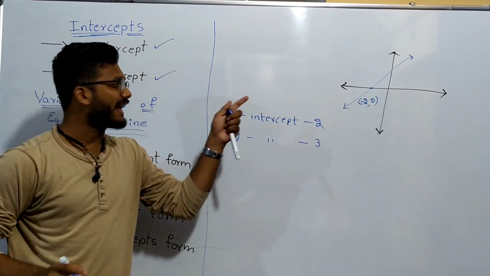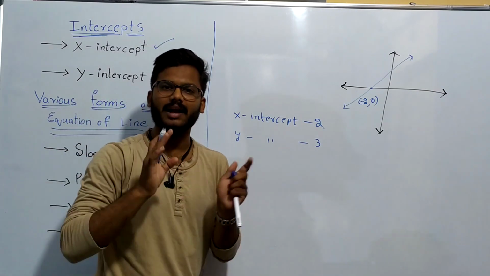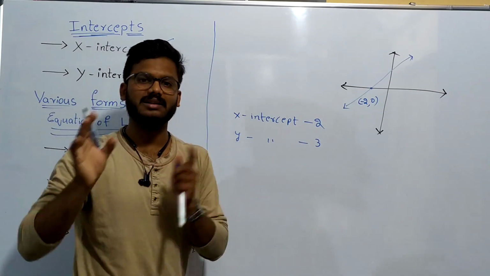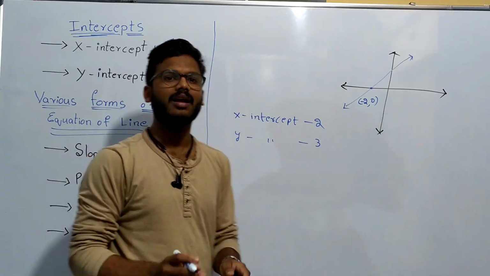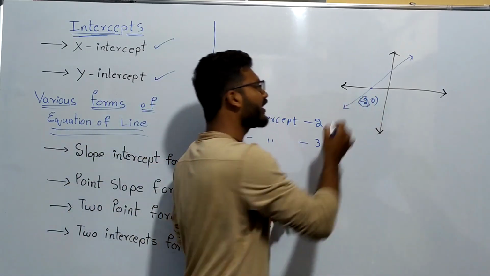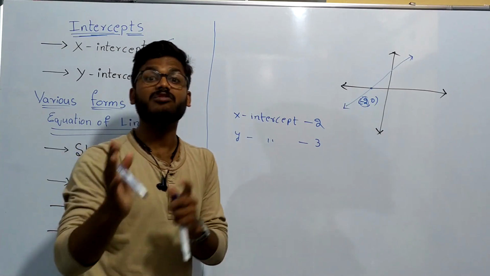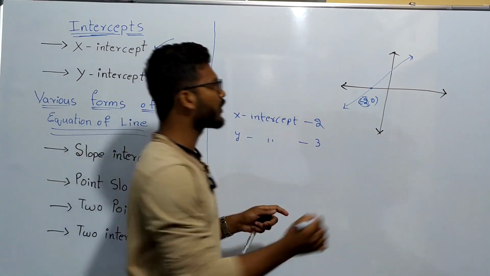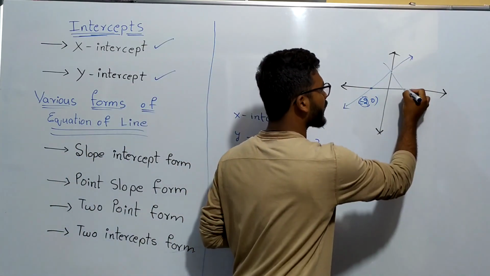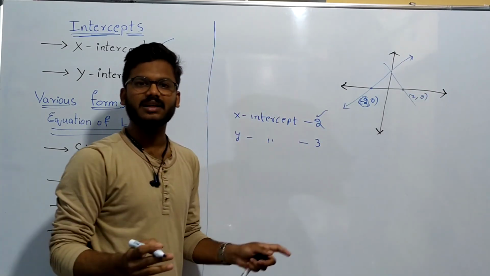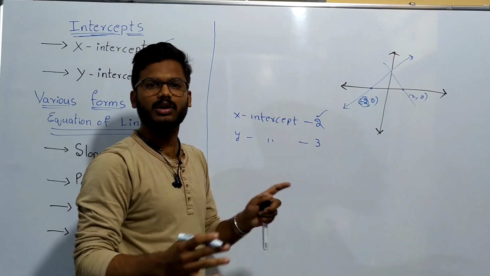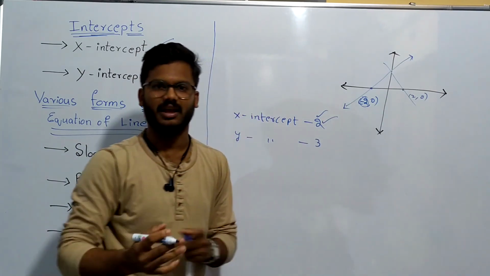Then what is the x-intercept? As I told, it is nothing but the distance, but distance won't be negative. But here we have to consider the sign, as it indicates in which direction it meets. Suppose it meets this side, then we can tell that the x-intercept is 2. It indicates it meets at the point (2, 0) in the positive direction of the x-axis.